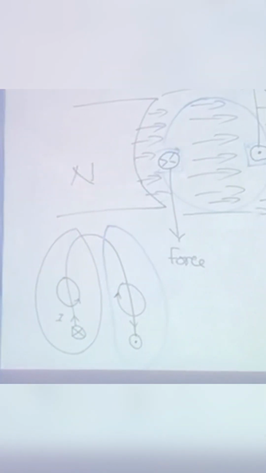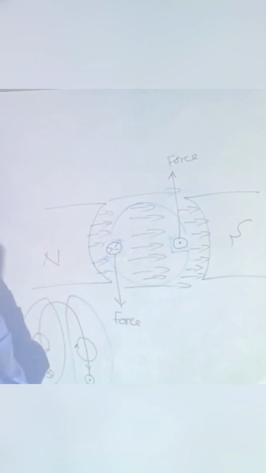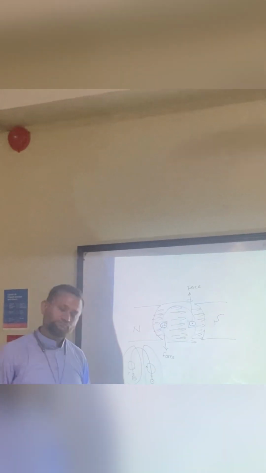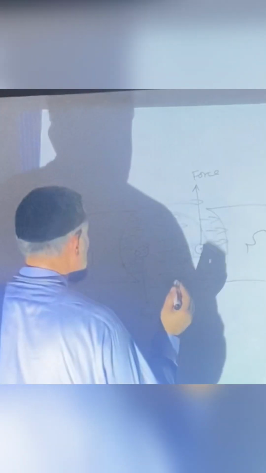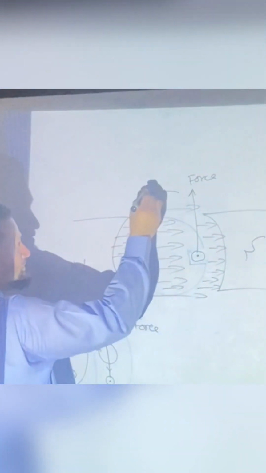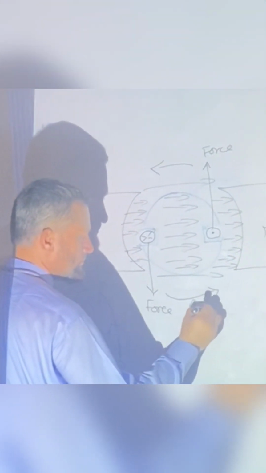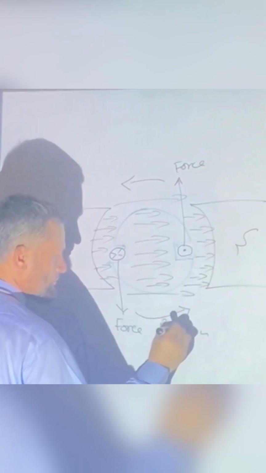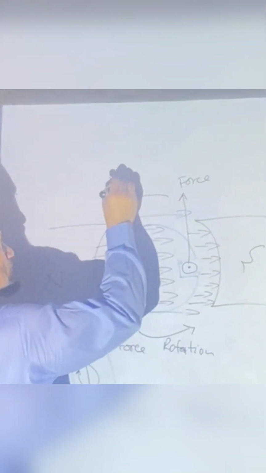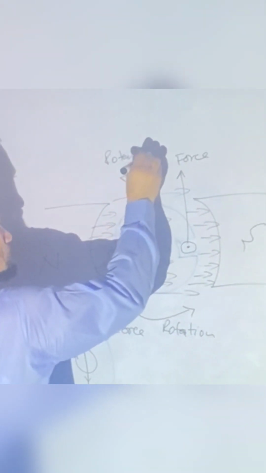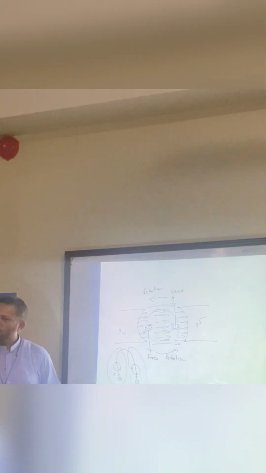In this position, whenever you are forcing this rotor downward on one side and upward on the other side, what will be happening? It will rotate in this direction. Understand my point?